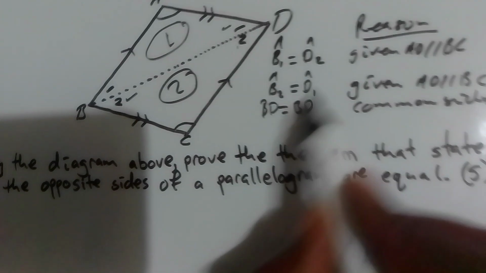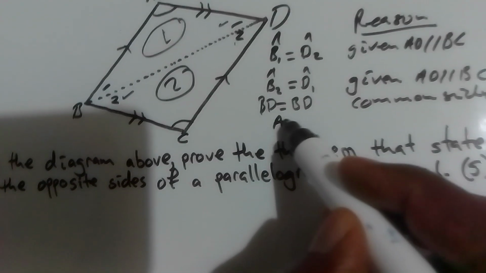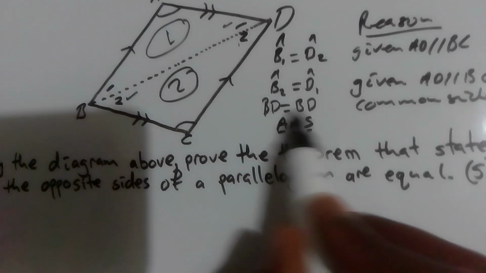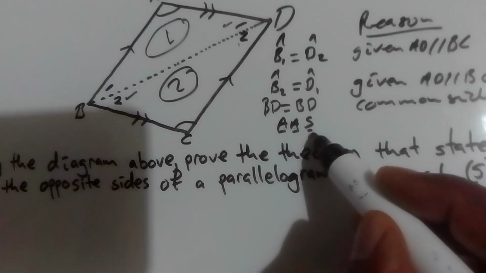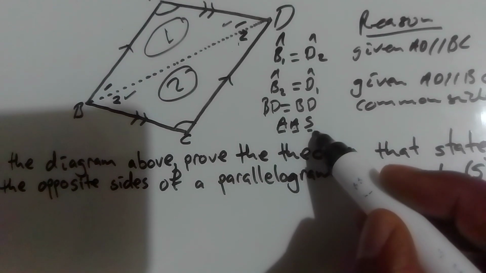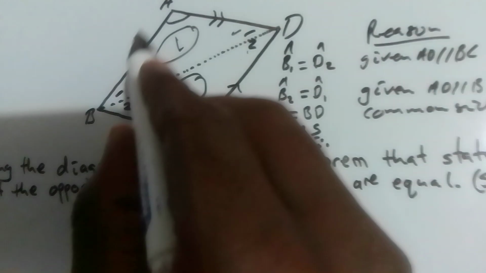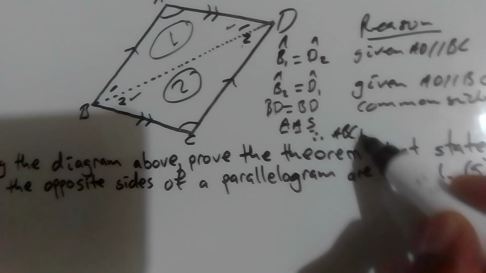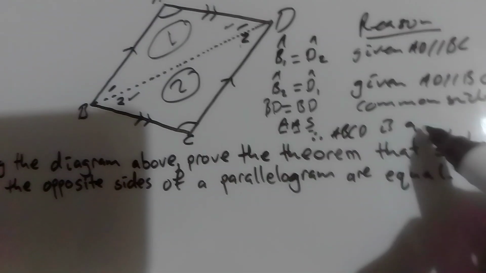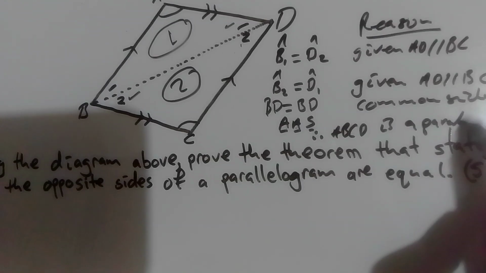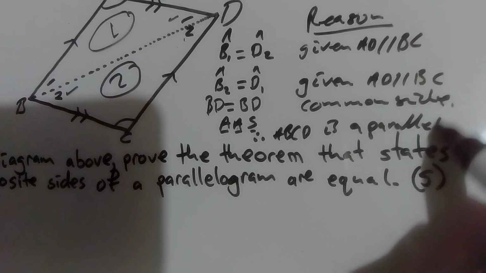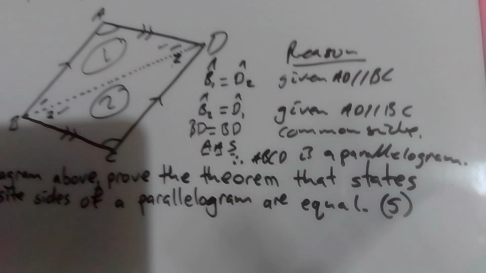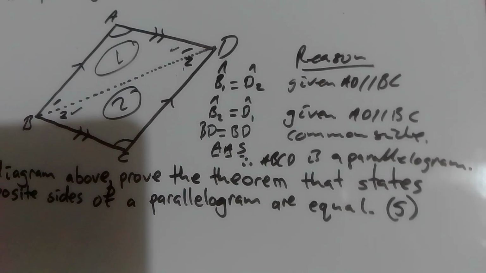I used an angle, an angle and a side, which means that I've got AAS. And since I've proven this, I therefore conclude that ABCD is a parallelogram. And just like that, I get my 5 marks and I'm done.